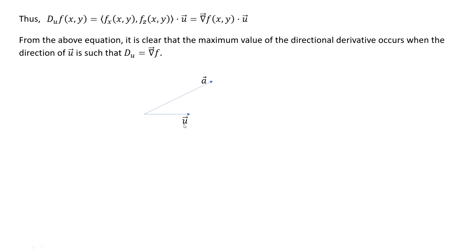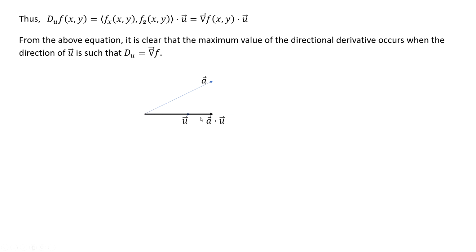Because this vector u happens to be a unit vector, a dotted with u is magnitude of a times magnitude of u, which is 1. So magnitude of a times 1 times cosine of the angle between these two vectors, right? Cosine theta. If that theta changes, cosine theta changes and the dot product changes. In other words, this is nothing but the projection of a onto u.